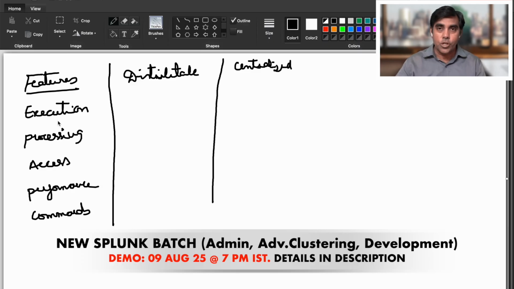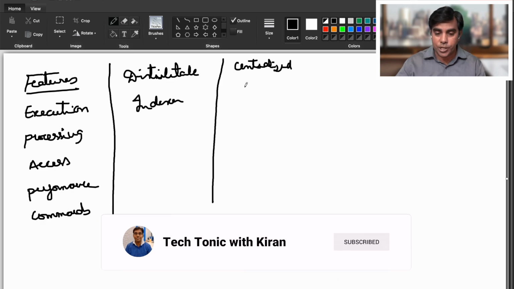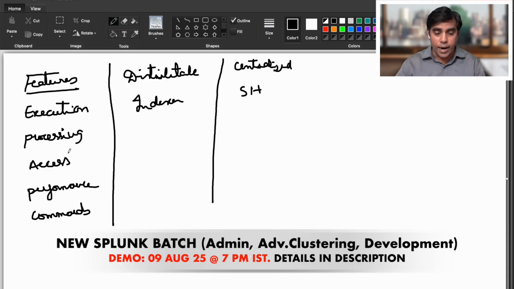So when it comes to execution, distributable streaming commands, as we have discussed, can be executed only at the indexer level, whereas centralized streaming commands can be executed at the search head level, right? And the processing: distributable streaming commands can do event by event processing. And centralized streaming commands can do collective processing, even though they also can do event by event processing, but collectively all the information will be getting to the search head. So collective processing also these centralized streaming commands can do.